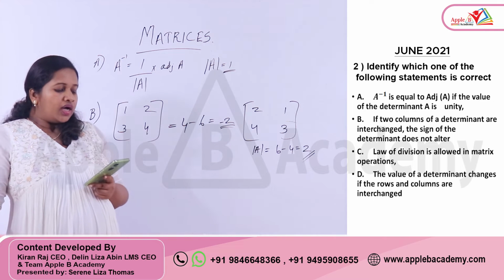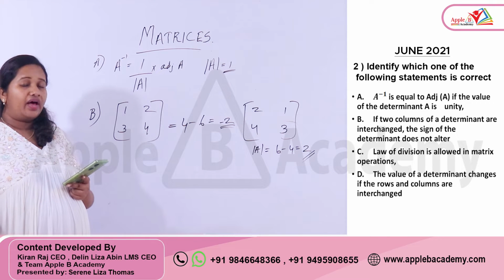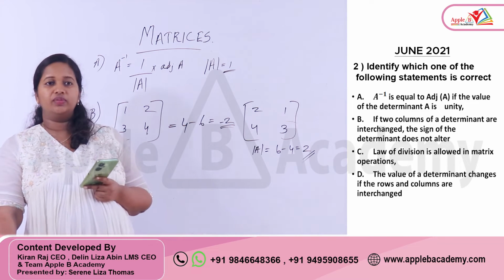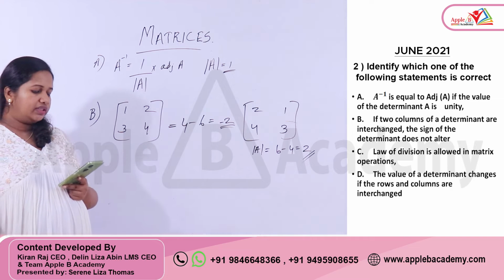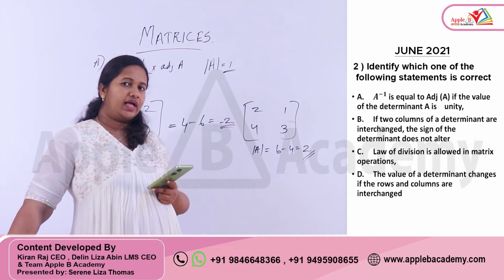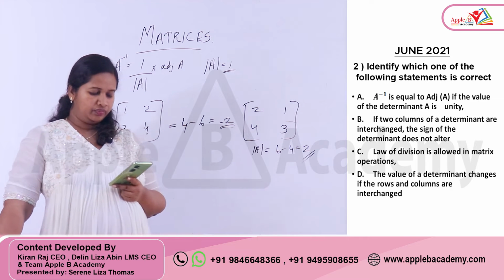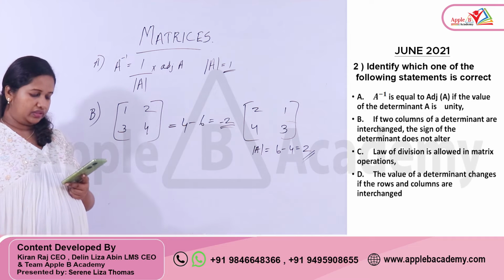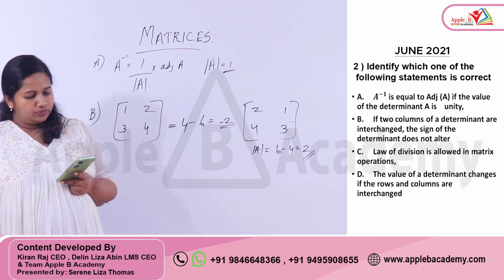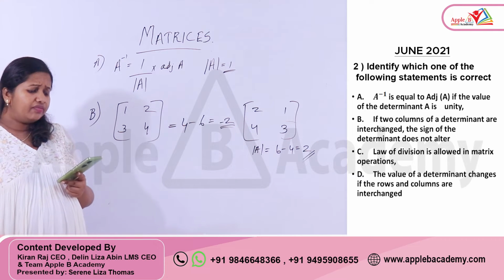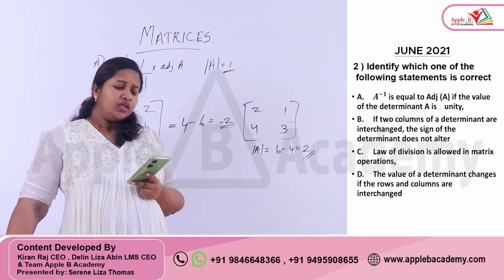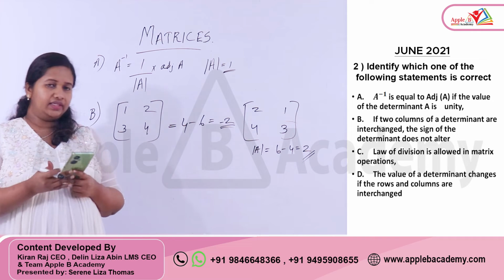Now, the third statement is law of division is allowed in matrix operations. No. Actually, we have subtraction, addition and multiplication in matrices, but law of division is not allowed in matrix operations. We cannot divide two matrices. Now, the fourth one, the value of the determinant changes if the rows and columns are interchanged.